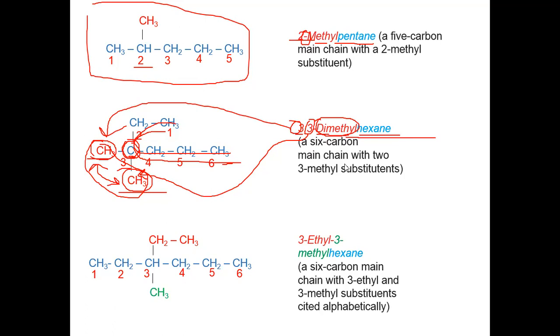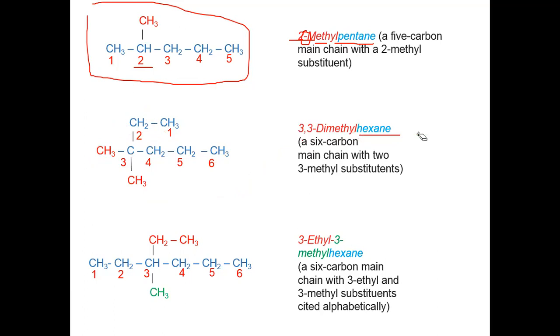Okay, let me show again. Look, we have 3. It's for this one. Why? Because it's attached to the carbon which is number 3. So this one is for this one.